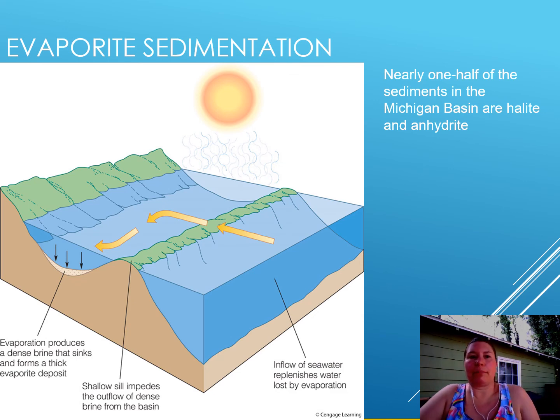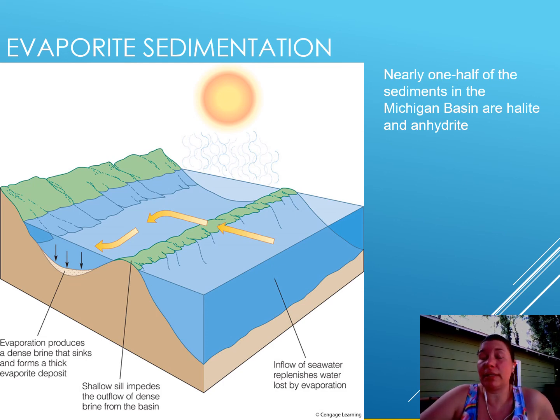Just a little bit about how evaporite sedimentation occurs. Again, the sea level is dropping, and the water is evaporating, leaving behind a crust of calcite, then gypsum, and finally salt. After burial, that gypsum mineral will dehydrate, so some water gets squeezed out of it, and it becomes something called anhydrite.